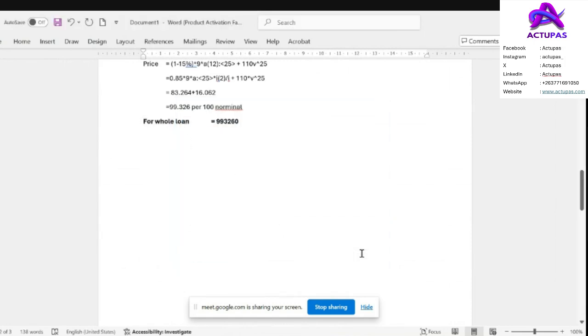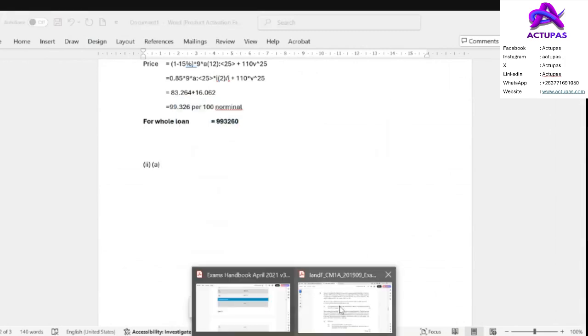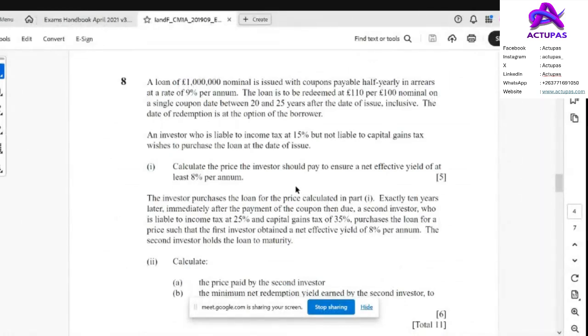And we move on to part 2, part 2a. What does part 2a say? The investor purchases the loan for the price calculated in part 1. Exactly 10 years later, immediately after the payment of the coupon then due, a second investor who is liable to income tax at 25% and capital gains tax of 35% purchases the loan for a price such that the first investor obtained a net effective yield of 8% per annum.